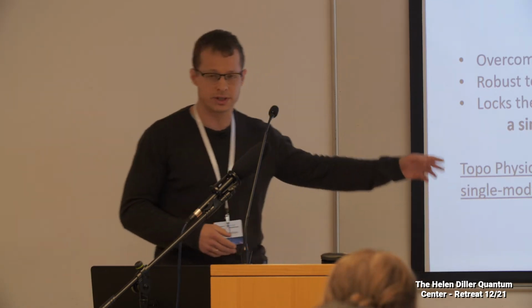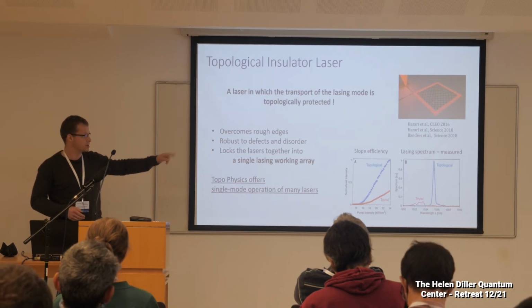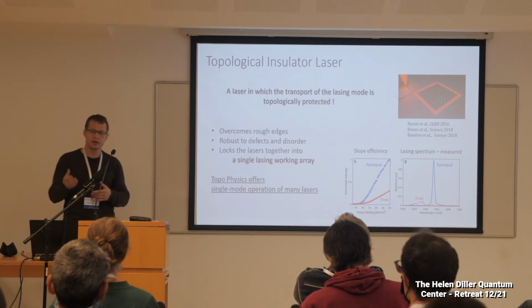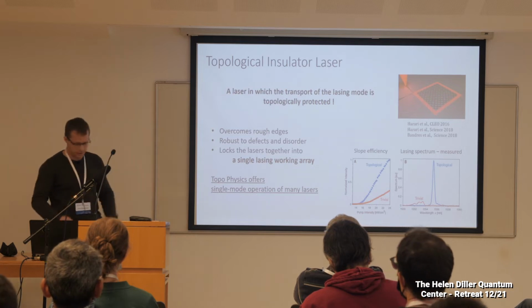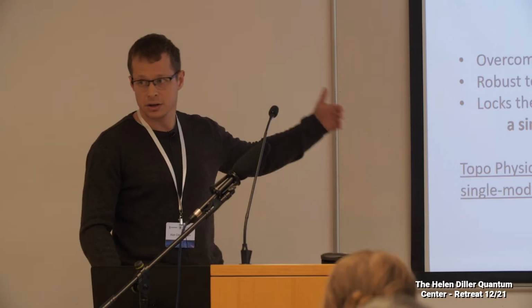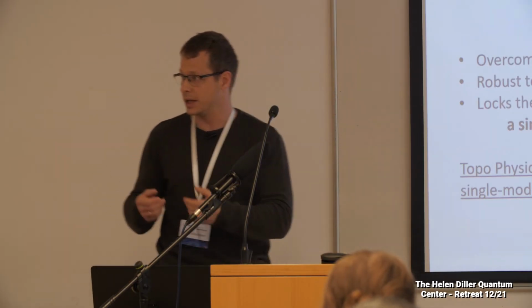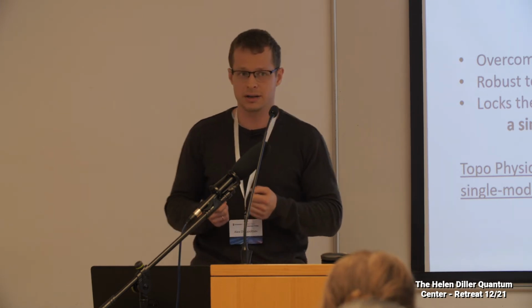You can see the spectrum. This is a measured spectrum of this array. You can see that the topological spectrum is narrow and strong, and the trivial is pretty wide in this demonstration. So again, topological protection is the thing that allowed us to combine many lasers together to lock and act as one.